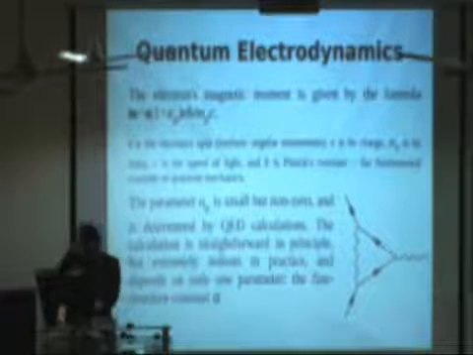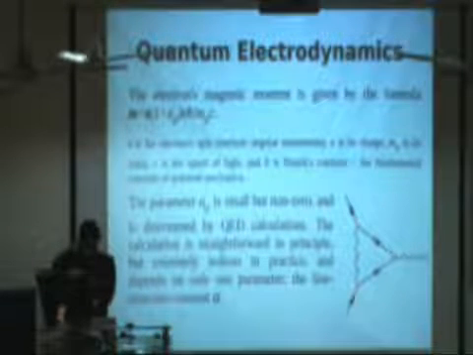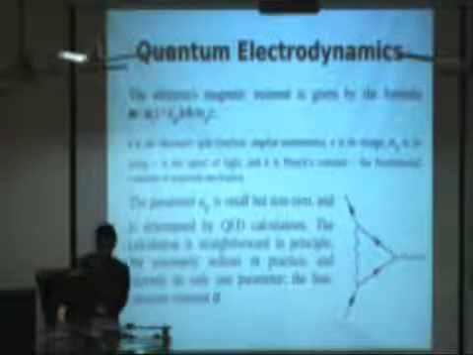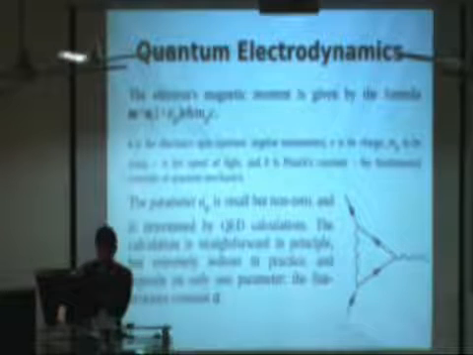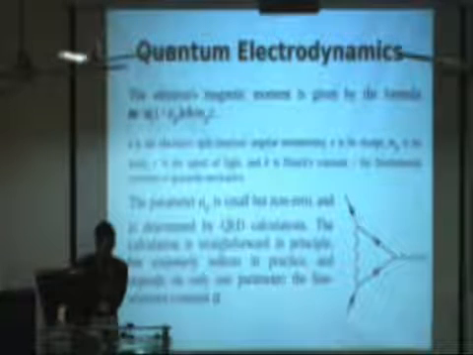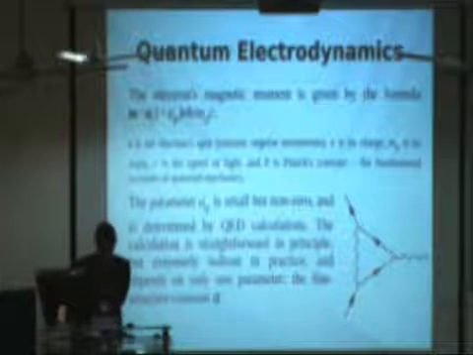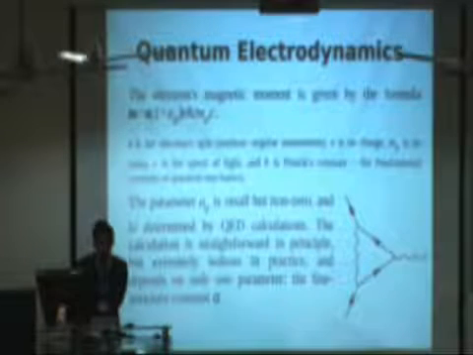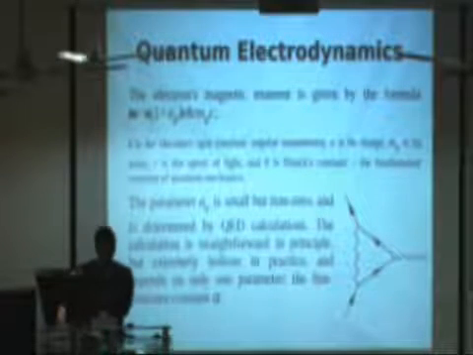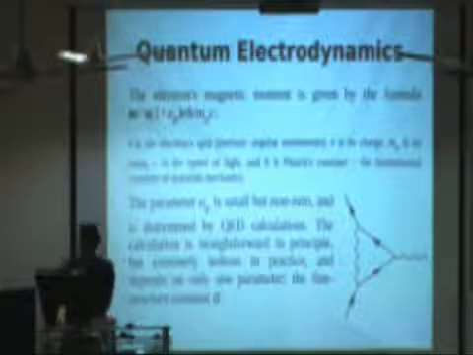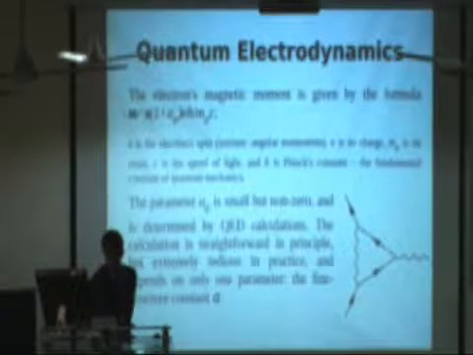So the electron's magnetic moment is given by this formula, which is parameterized by a parameter a_e. It's small but non-zero and is determined by QED calculations, which are straightforward in principle but tedious in practice, and they just depend on one parameter, the fine structure constant alpha.